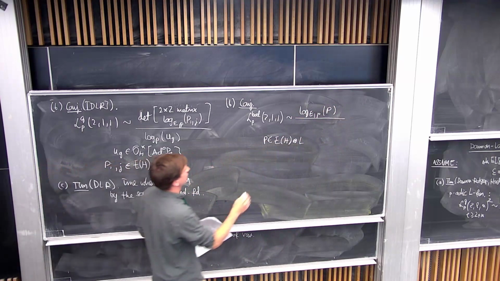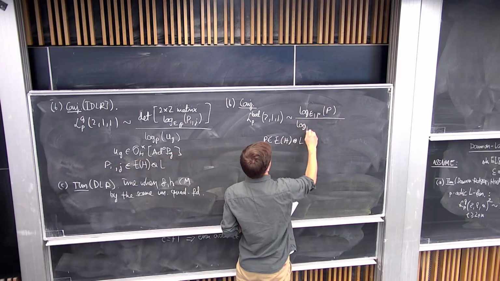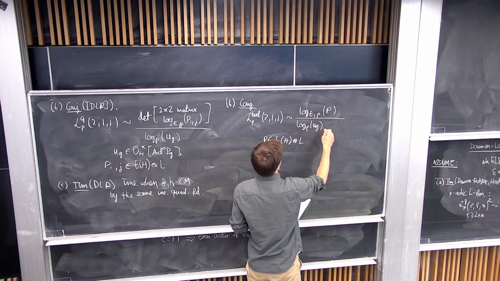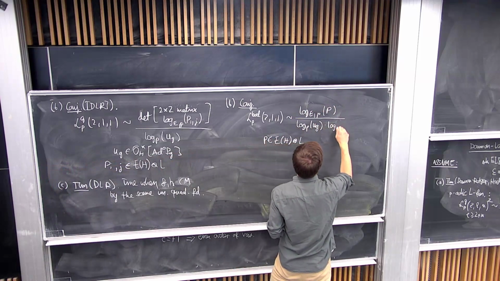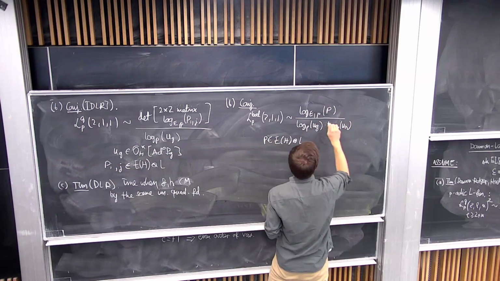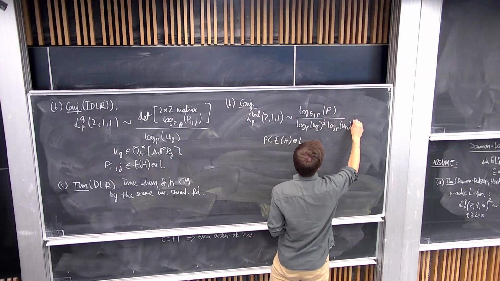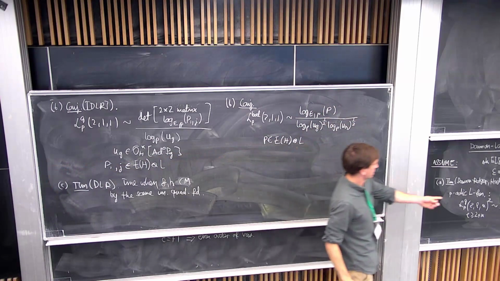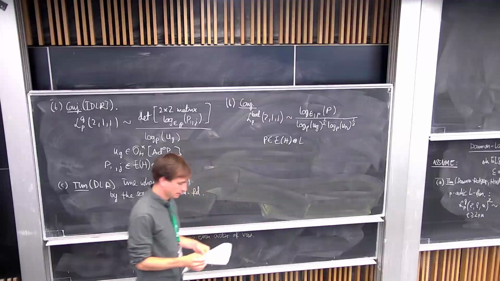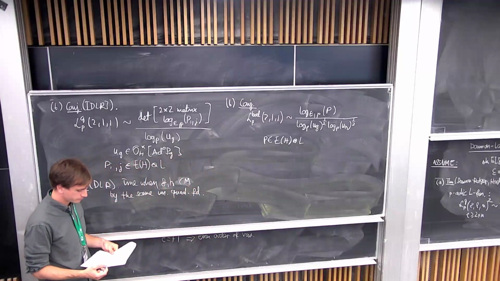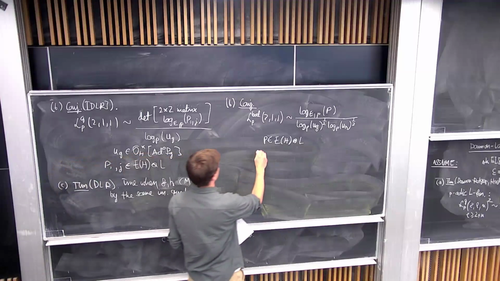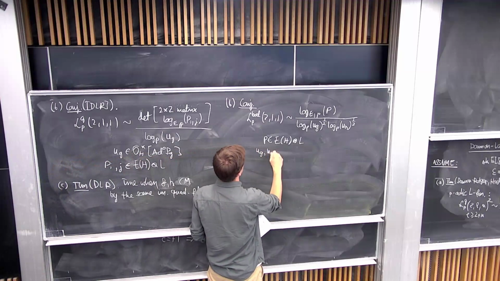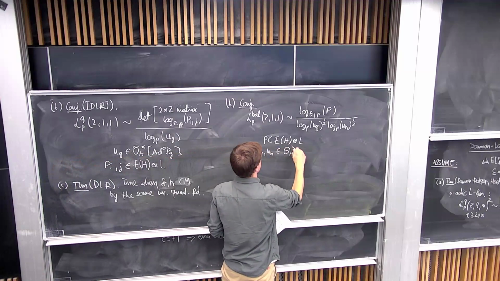For that reason, there should be both log UG and log UH, but there should be some sort of square root of these. So similarly to the way this was a square and those were not squares, here we're getting square roots. And this UG, UH are again in O_H cross tensor L.